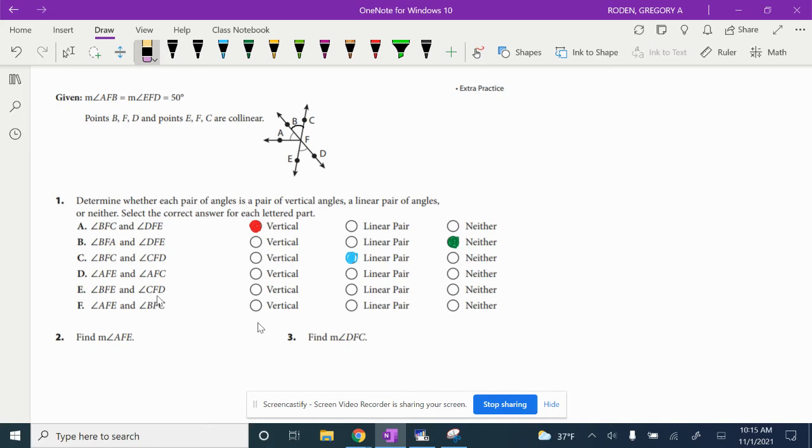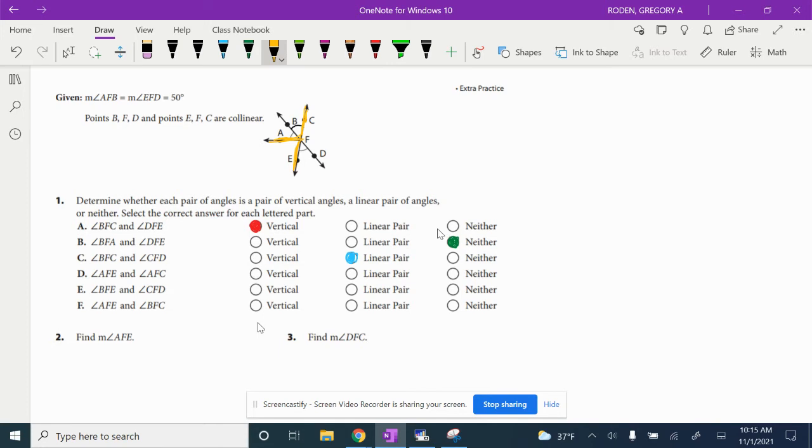The next one, Austin, who is it? Xavier. All right, Xavier. We got AFE. So we're looking at this one right here, right, Xavier? And then we're looking at AFC. So these two angles right here. What do you think, Xavier?